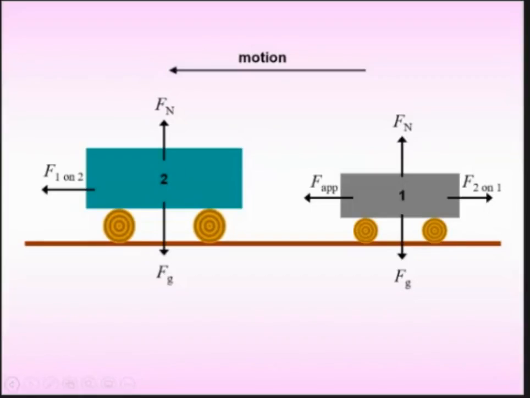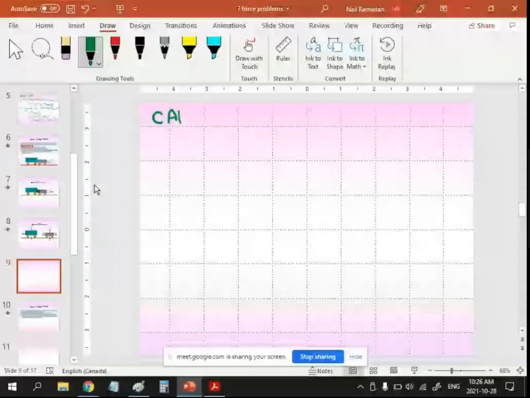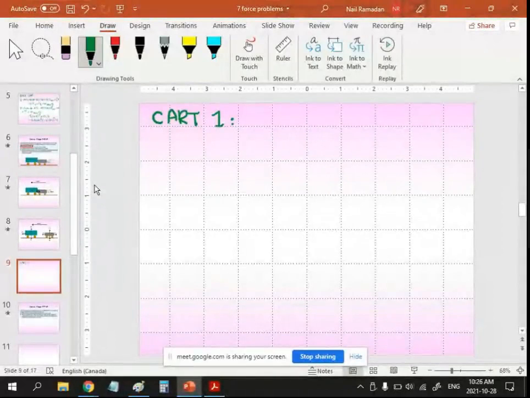Let's use cart 1. Y-axis. By the way, always do the y-axis first. Is there any motion on the y-axis? Great. So let's write it down.